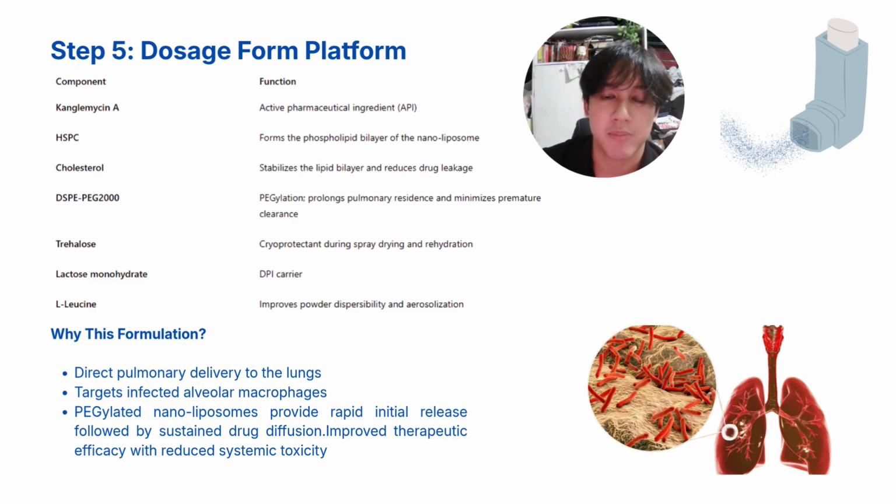Trehalose protects the liposomes during spray drying, while lactose monohydrate serves as the powder carrier and L-leucine improves powder dispersion, allowing more particles to reach the deep lungs. Together, these components create a stable formulation capable of targeted pulmonary delivery and controlled biphasic drug release.